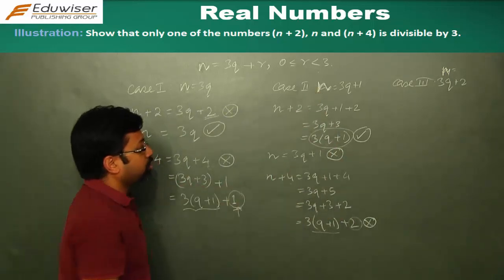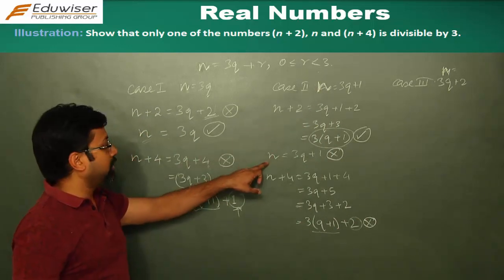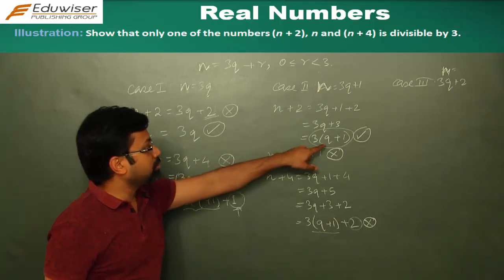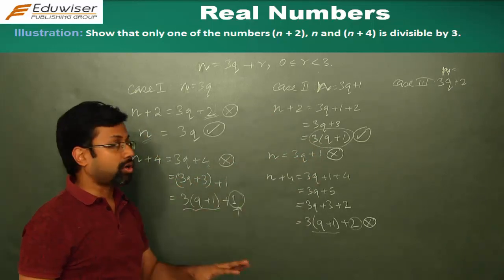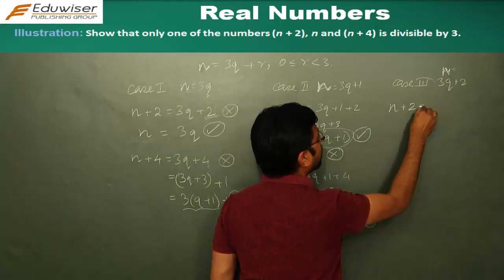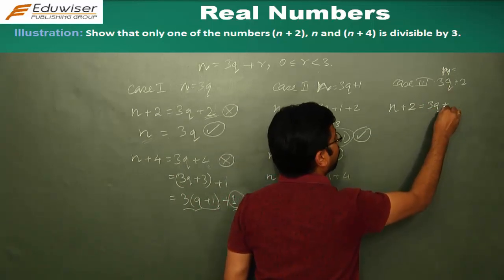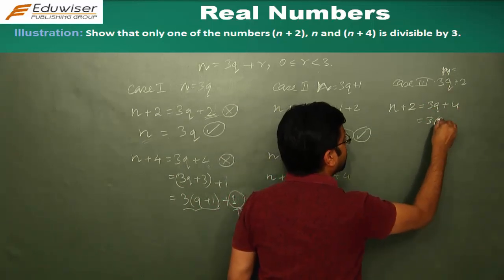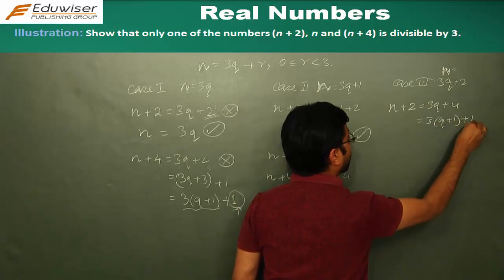So in this case also you see that only one of these 3 numbers is divisible by 3, the other 2 are not. Similarly, for case 3, n plus 2 will become 3q plus 4, which is 3q plus 1 plus 1.